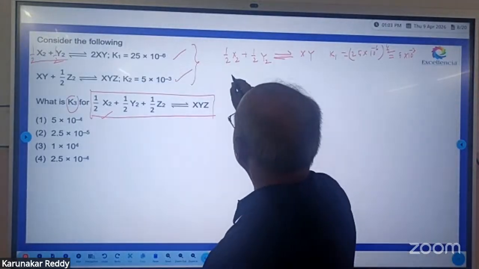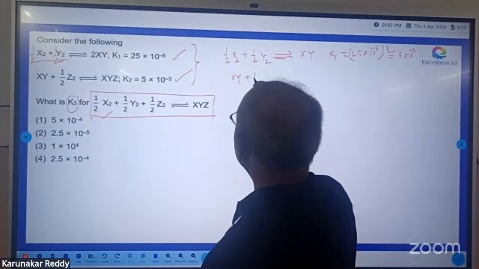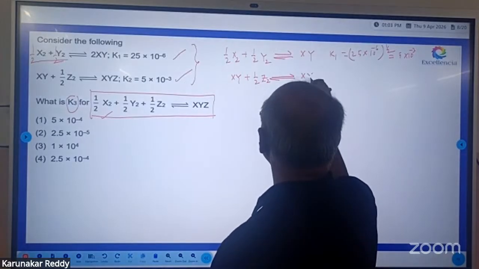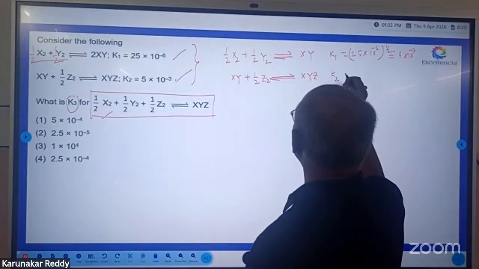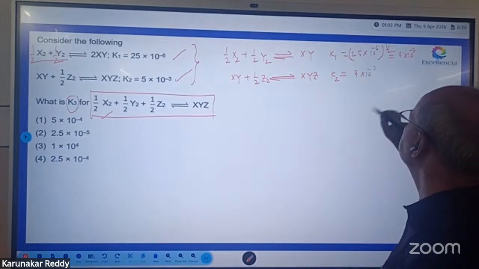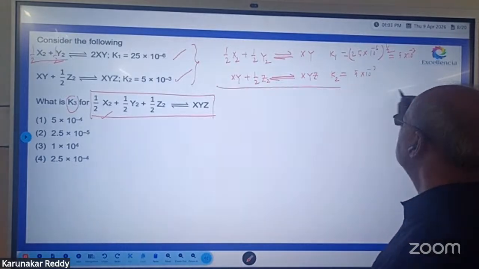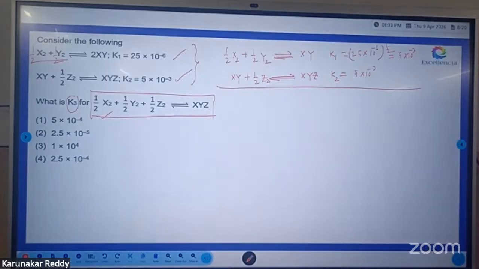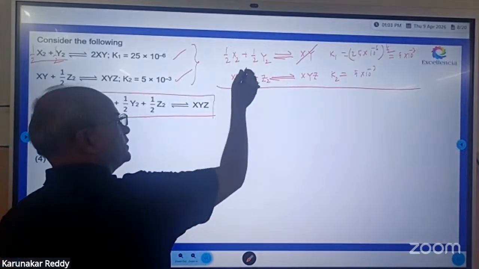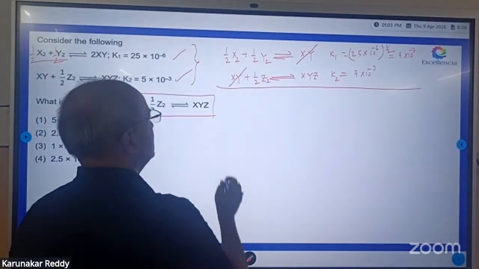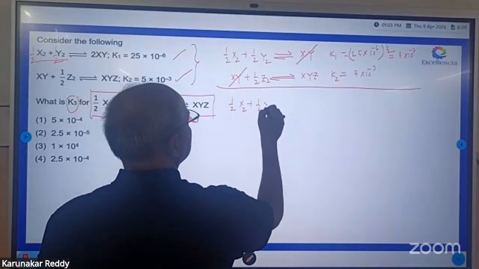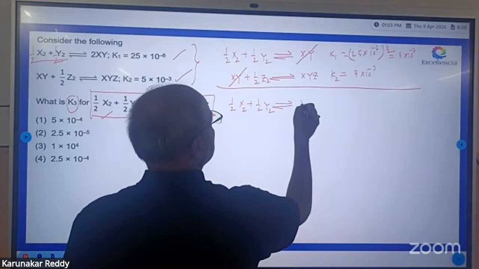Then XY plus half of Z2 gives us XYZ. K2 is given as 5 into 10 power minus 3 only. Now if I take the addition of these two equations, XY is on the product side and XY is on the reactant side, so I can remove that. Then half of X2 plus half of Y2 gives rise to XYZ.